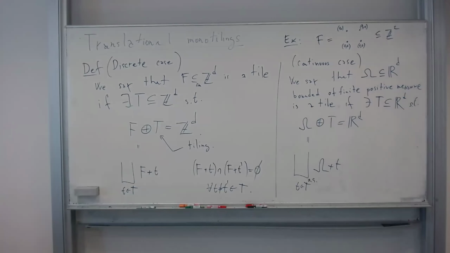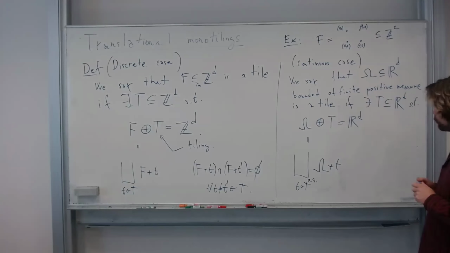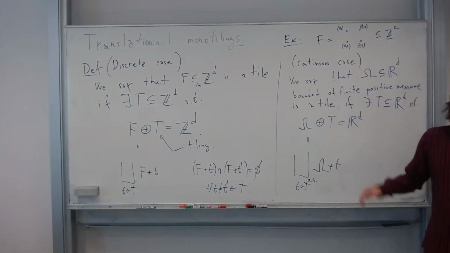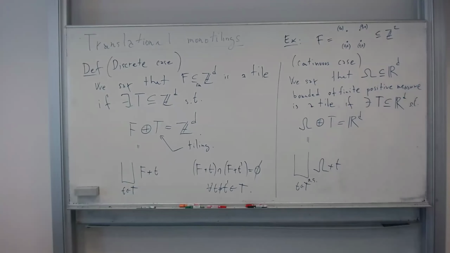Do we need to still cover the whole R^d, or is it again up to null sets? Both conditions are basically equivalent. Let's say that we want to cover it. They almost surely don't overlap, that is the requirement. Two different shifts overlap in a null set.